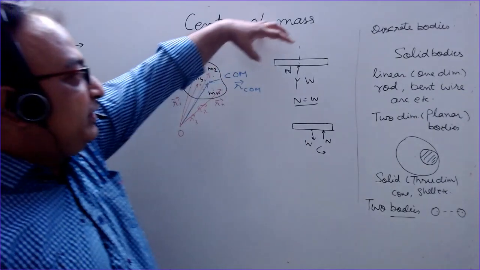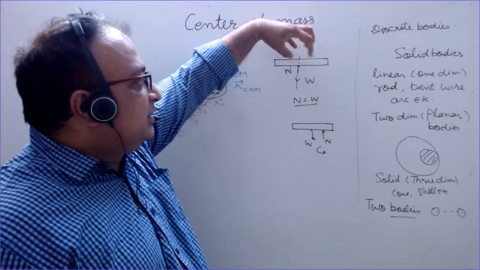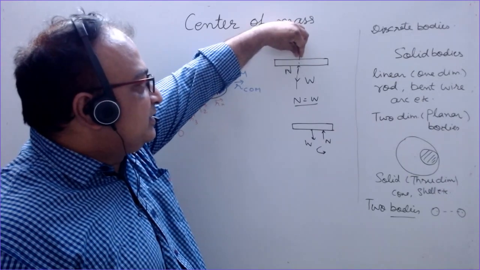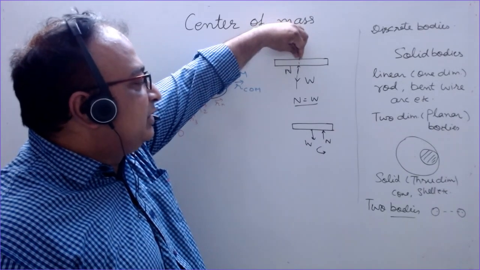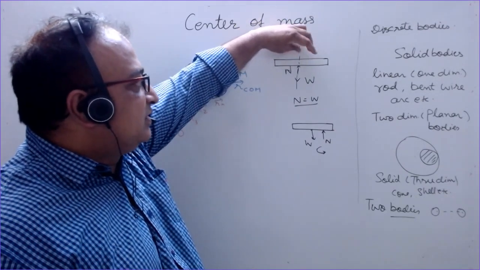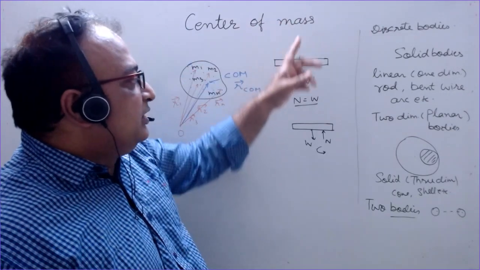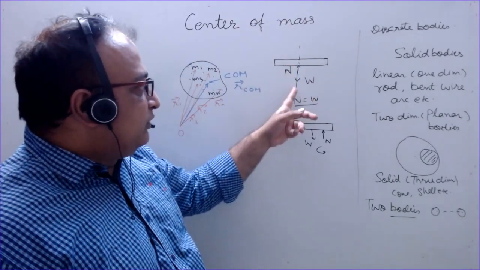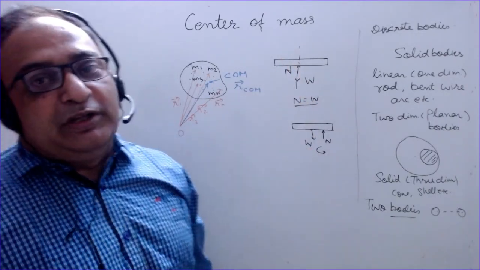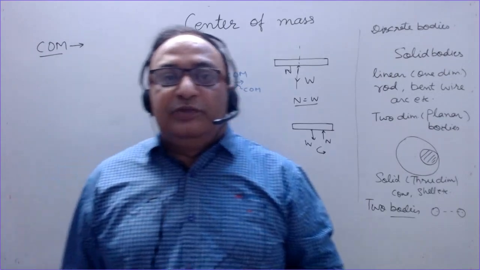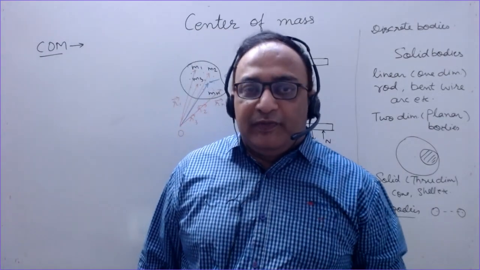So if you squeeze this mass into a very small space, in place of this disk, then the whole of the mass can be assumed to be kept at this point, and the weight will be acting in the downward direction, and we can balance this by applying the force. So this is the definition of center of mass.